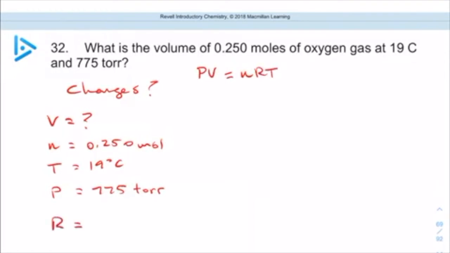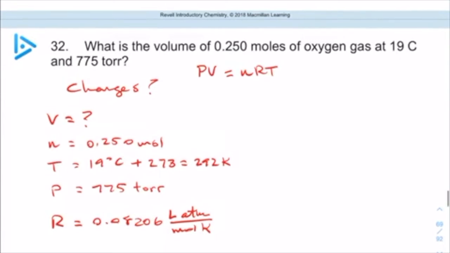Okay, so remembering that R, 0.08206 liters atmospheres over moles Kelvin. Okay, so we're solving for the volume, so we don't have to worry about that. Moles are already in moles. Temperature needs to be in Kelvin, so let's do that. That comes out to 292 Kelvin.